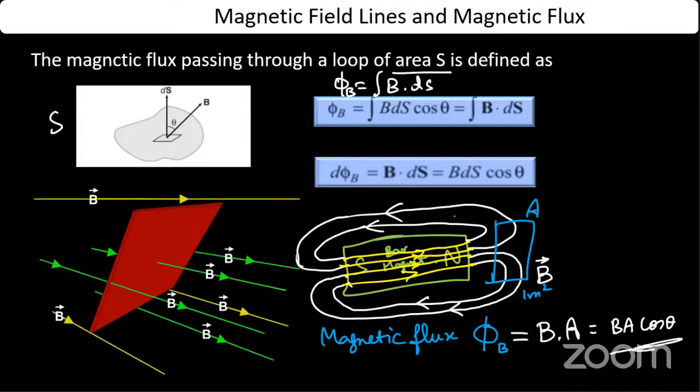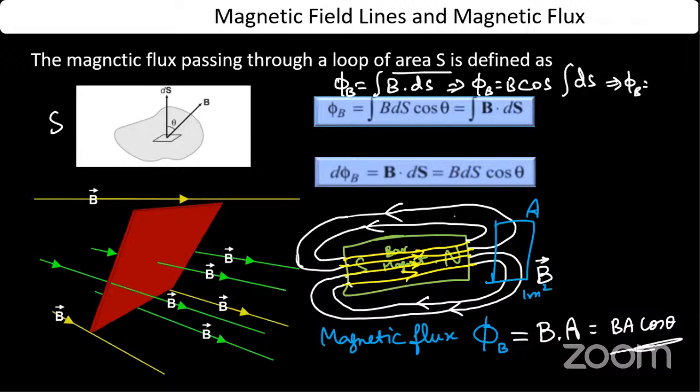Here again my magnetic field is constant. So flux phi b will be equal to B cos theta into integral ds. If you check that, what will you get? Phi b will be equal to what?